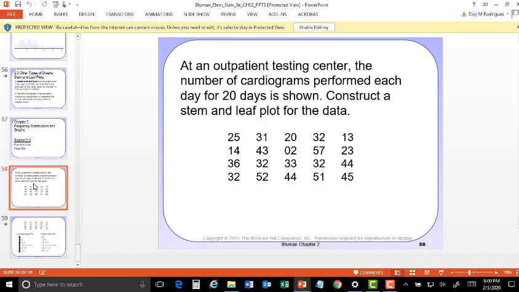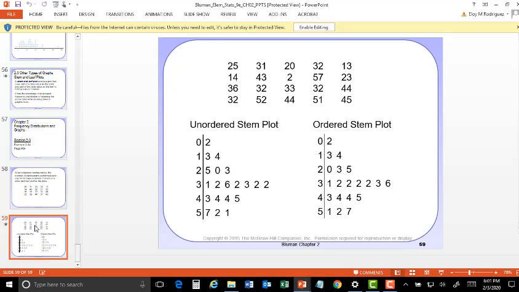Okay, let's try it. Now, patient testing center. Number of diagrams performed each day. They want a stem and leaf. Stem and leaf is where you can put one digit along this axis and the other like this. So you can see right here, you see number 13? I just put the tens unit here, and then the ones unit.